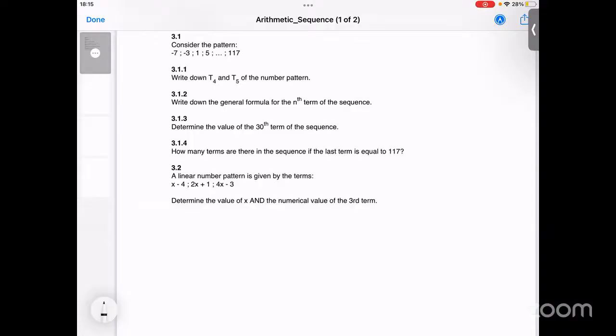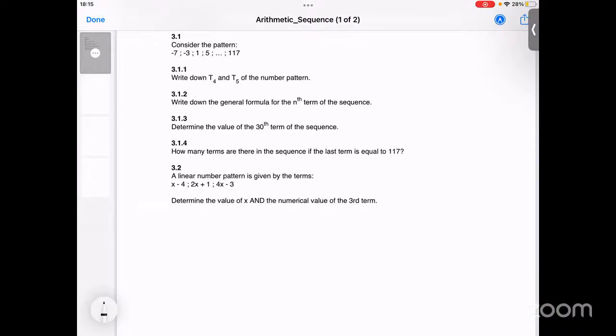So I'm going to work out this problem, which is more or less the same as an exam type of question. Let's see if you are going to be able to understand.